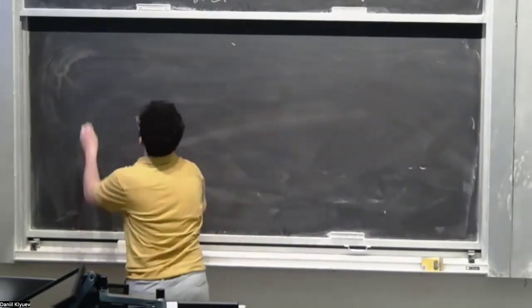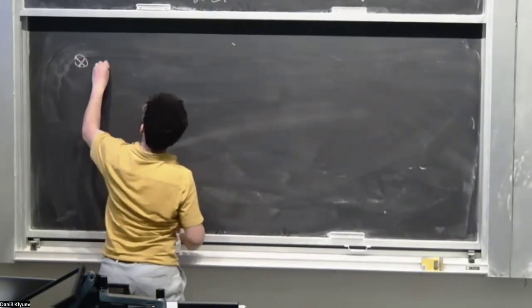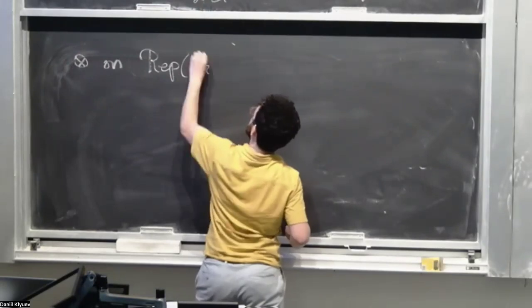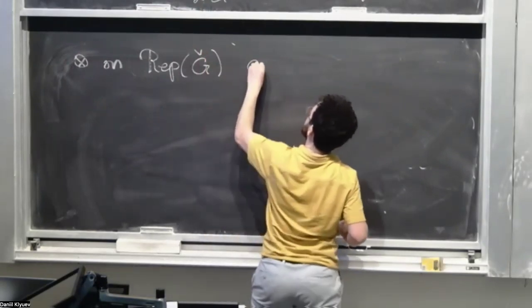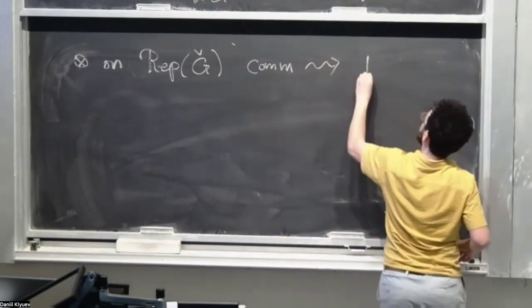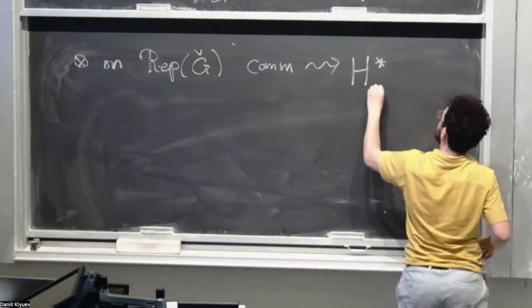Maybe a remark. On red, G is commutative. So this is commutative.